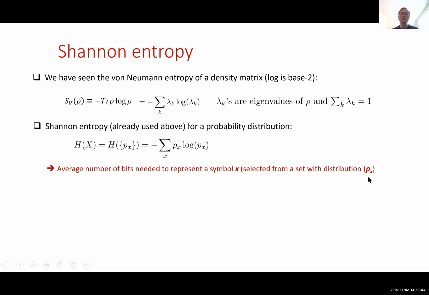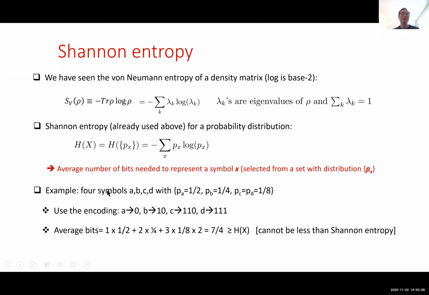Okay, for example, it could be the alphabet in English, or for example, I show 4 symbols A, B, C, D, they appear with this probability distribution. PA is 1/2, PB is a quarter, PC and PD are both 1/8. Okay.